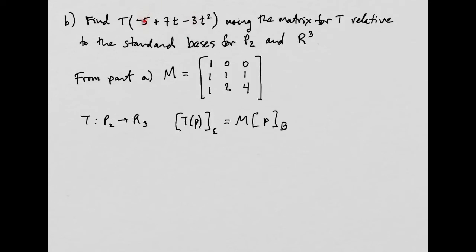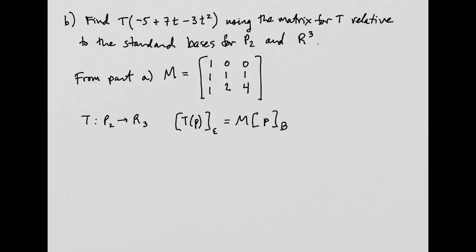Find T of this polynomial in P2, minus 5 plus 7t minus 3t squared, using this matrix that we just found. So from part A, I just recopied the matrix that we found, the matrix for T relative to the standard bases. And I put down T here for reference. And this is the defining equation for M in terms of what we're doing here.